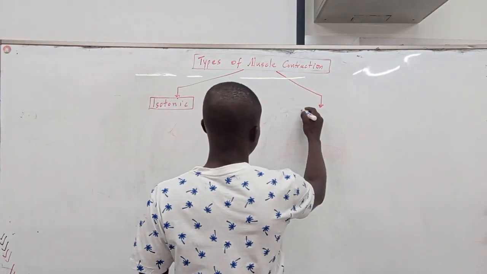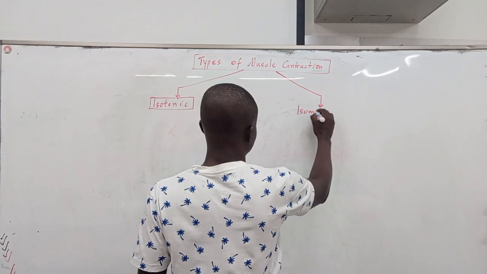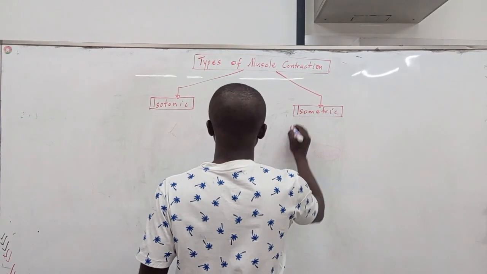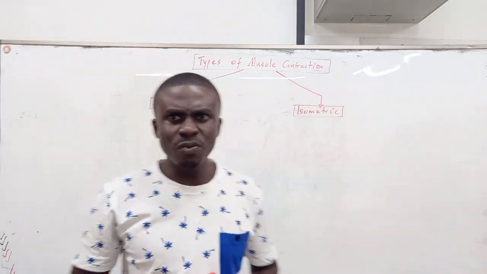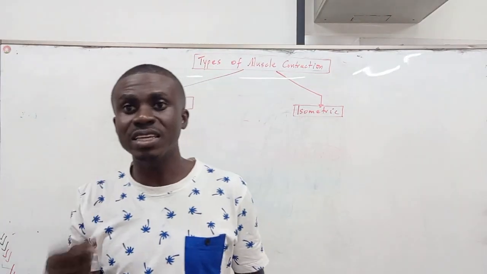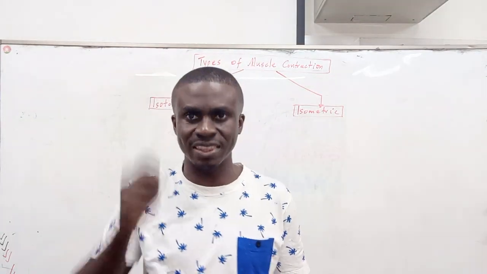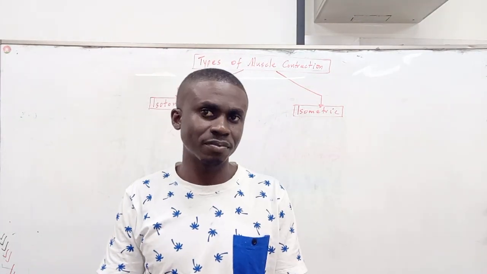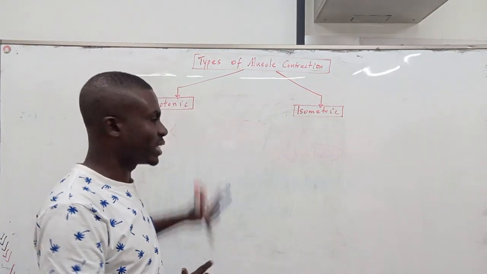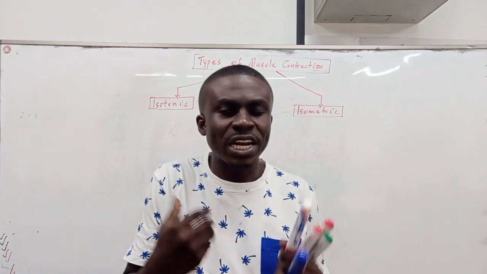And then we also have isometric contraction. My friends, whenever we say metric, it has to do with measurements. In this case, the measurement we are interested in is the length of that muscle. So isotonic: now we are talking about force, and we are talking about length.